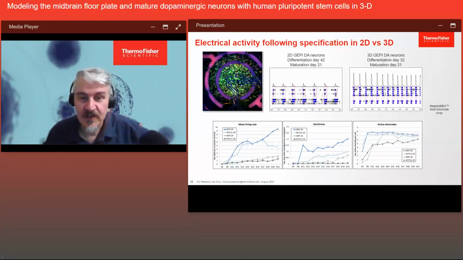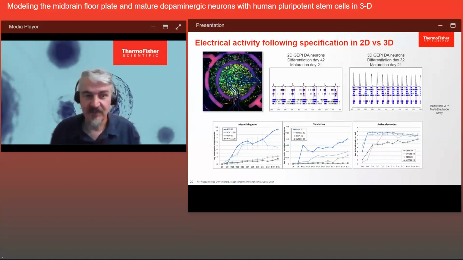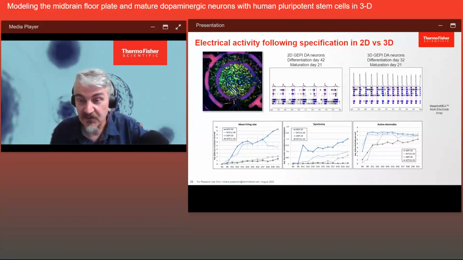What we see is that 3D specification yields higher mean firing rates in the leftmost graph, greater synchrony between electrodes in the middle graph, and a larger number of active electrodes, meaning coordination over larger space in the right graph. So this tells you that specification in 3D has given a boost to neuronal maturation. We're not only getting more active neurons, but they're becoming active earlier in the overall process.